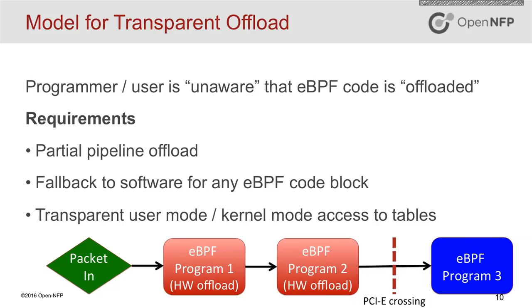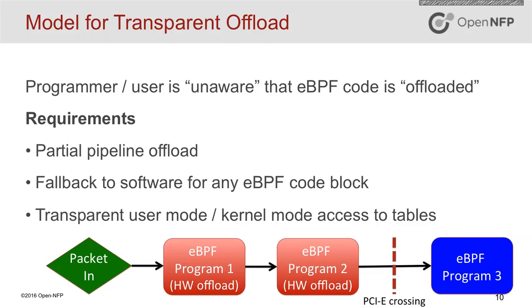So if you look at the diagram at the bottom, with essentially a packet coming into the system, in this case it passes into eBPF program 1, which we mark hardware offloaded. If that packet is then forwarded on outside of the eBPF program 1 to program 2, which is also hardware offloaded, then we have managed to get the processing done in hardware.